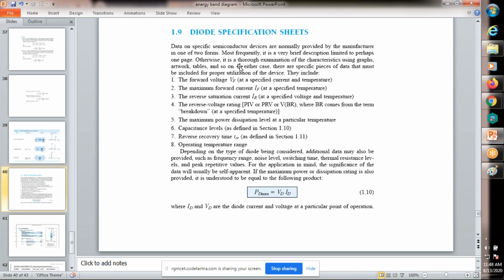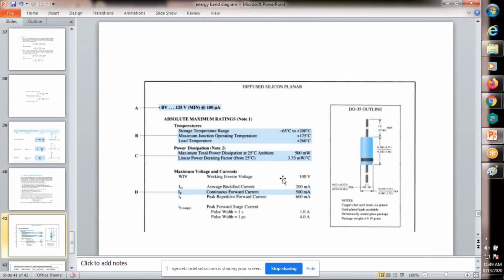In that, some forward voltage at a specified current and temperature is given: forward voltage, forward current, reverse saturation current, reverse voltage rating, maximum power dissipation, capacitance levels, and some timings, like reverse recovery time, which depends upon the switching times of a diode, and the operating temperature range. Power P is equal to V into I, diode voltage into current.